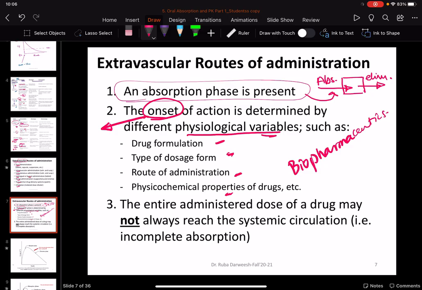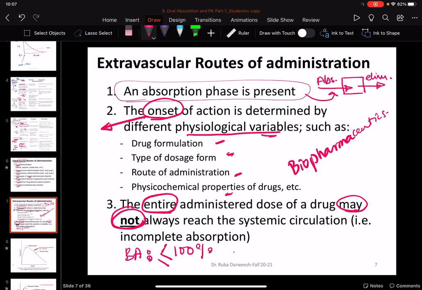Okay, the entire administered dose may or may not always reach the systemic circulation, which means if we are talking about bioavailability of the drug, it could be 100%, maybe less. So it could be equal to or less than 100%, depending on the rate and extent of the absorption of the drug reaching the systemic circulation.